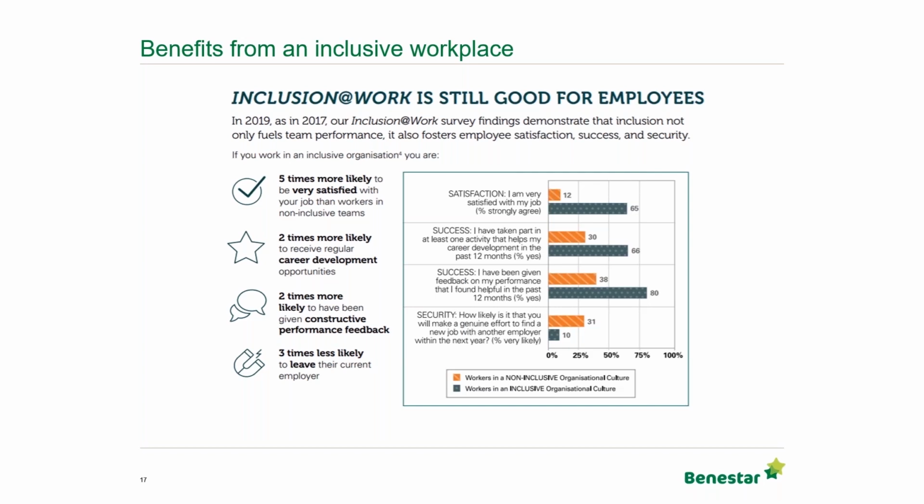They found that they were 5 times more likely to be really satisfied with their job than workers who identified as not working in an inclusive team, twice as likely to receive regular career development opportunities, twice as likely to have been given constructive performance feedback, and 3 times less likely to leave their current employer when they were in groups that they felt were an inclusive organisation, as opposed to the people who identified as not being a part of an inclusive organisation.